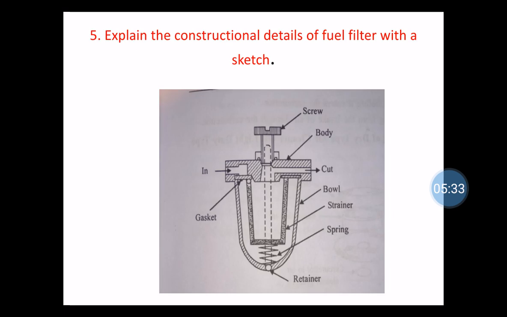Now explain the constructional details of fuel filter with a sketch. The fuel filter is shown here with its different components. The main components are the filter body, inlet, outlet, and a glass bowl, inside which there is a filter, and an arrangement for removing the sediments.